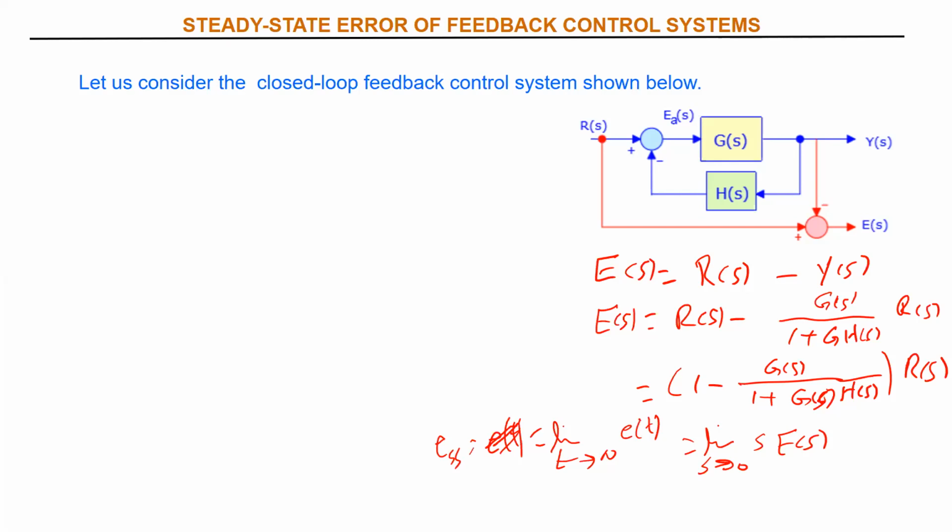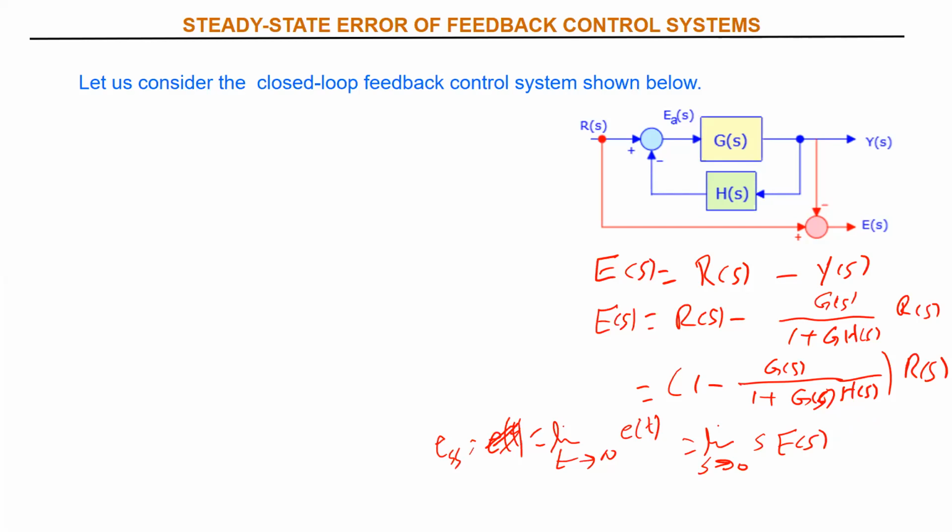And S will cancel with R of S. This is okay if my input is a step, but in general, if my input is a ramp, then one of the S will cancel. You simplify whatever.